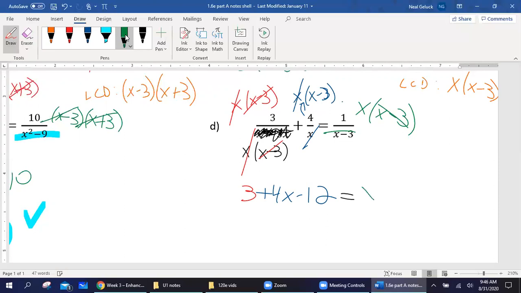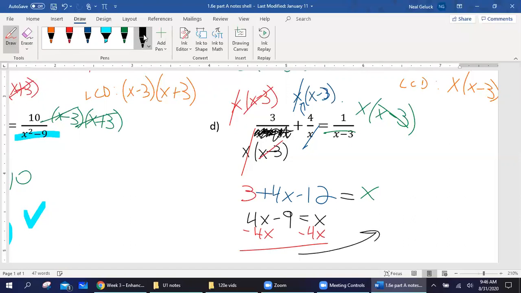I'm left with 1 times x, x. All right, solve through. I've got 4x minus 9 equals x. Let's say I subtract over the 4x. That would leave me with, I'm going to write it over to the side here, negative 9 equals negative 3x. Divide by negative 3, x is 3.